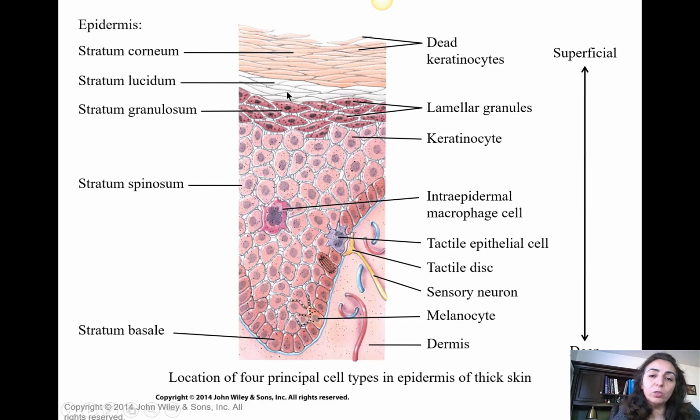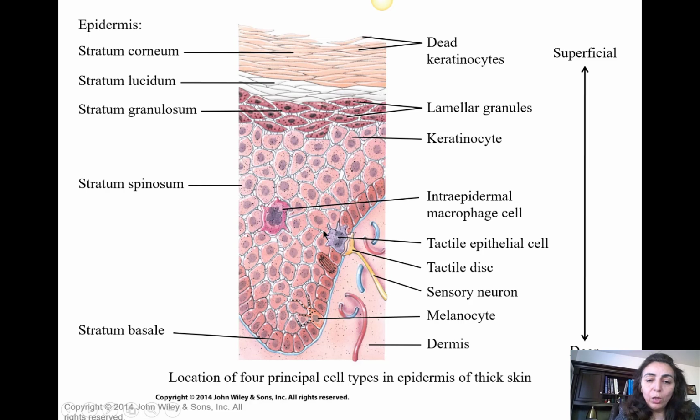Then we have a stratum lucidum where the cells are transparent, and finally the dead keratinocytes that make the stratum corneum, which might be thin or much thicker depending on the part of the body we are talking about. So these are the 5 strata of the skin. Now let's talk about each layer.